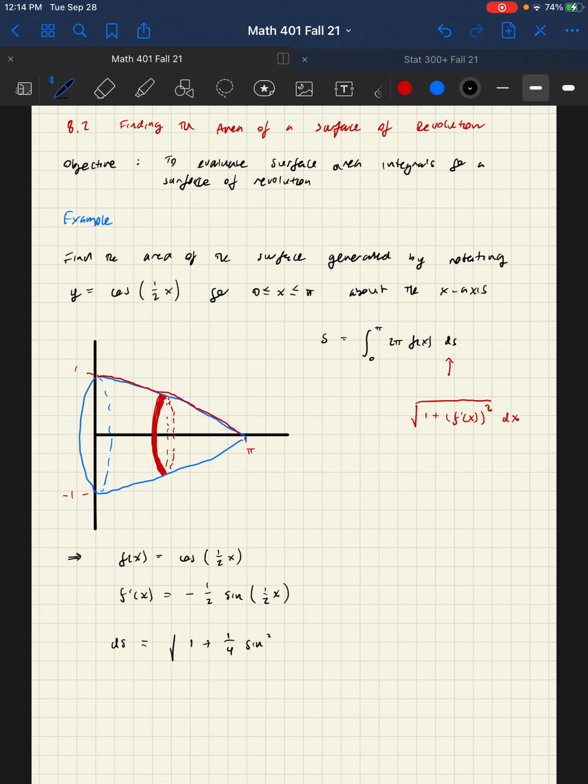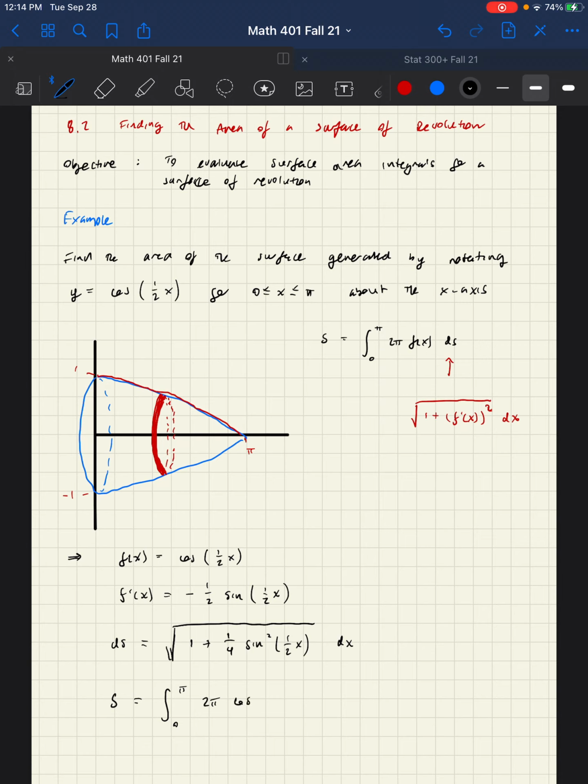So putting this into our ds becomes the square root of 1 plus this expression squared, which makes 1/4 sine squared of 1/2 x, dx. Okay, so this is our infinitesimal arc length piece, and that's what we're going to rotate about the x-axis.